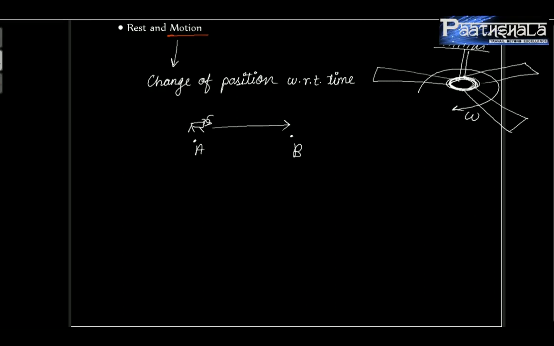Yeah, this dichotomy can be resolved by understanding that there is only one point on the fan that is at rest. That is the center of the fan. And this point, the center or the center of mass of the fan, is at rest. That point is not moving. But everything else is moving.